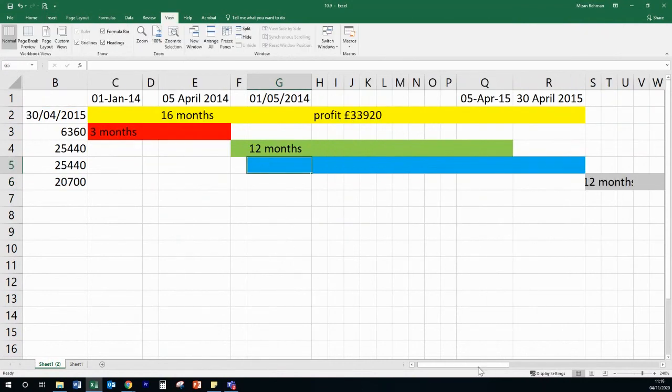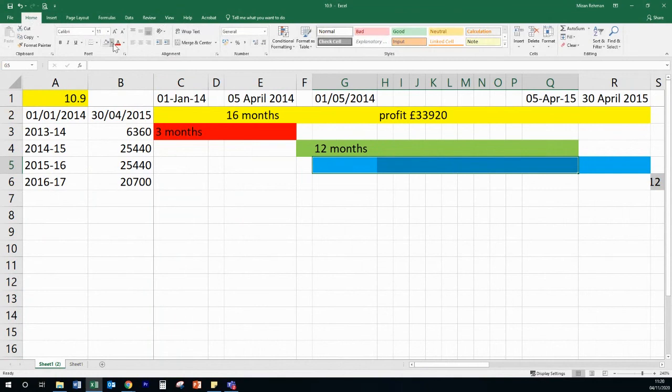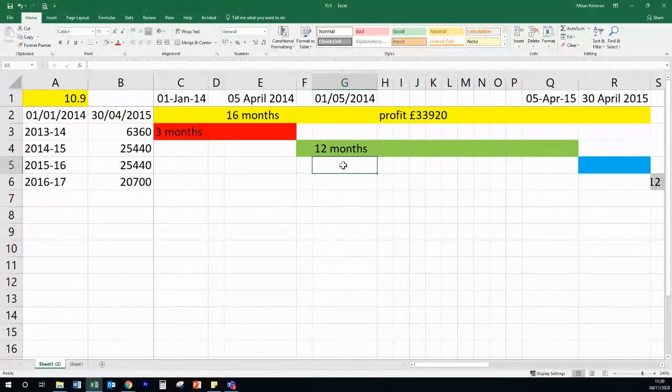Calculate the overlap profits. Freeze. So as you can see, this is the time period when there is an overlap. So we should have an 11-month period with overlap profits of 33,920 times 11 divided by 16.